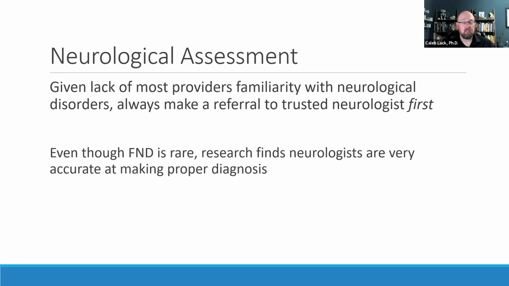And the research has repeatedly shown that even though this is a very rare problem, neurologists are very, very accurate at making a proper diagnosis and differentiating between, is this a neurological problem or is it a functional neurological disorder? And part of that is knowing what the actual signs and symptoms of these problems are in a neurological way, as opposed to just more of a psychological way.